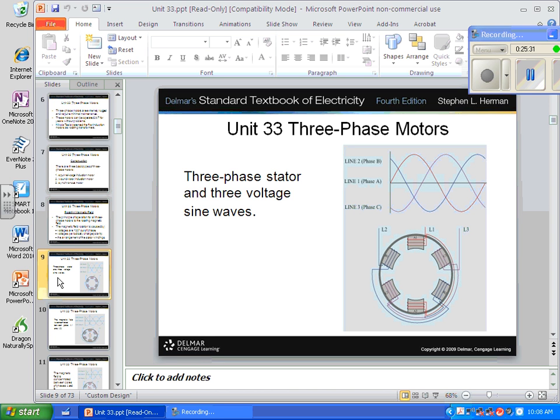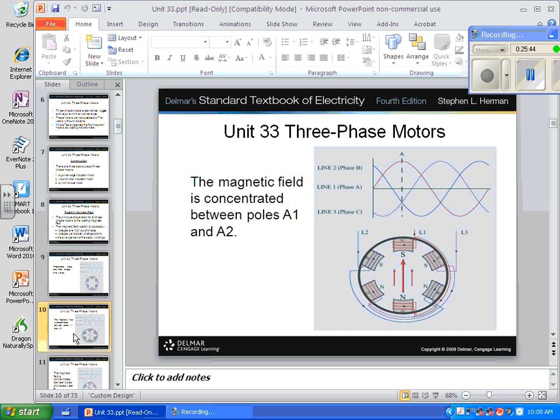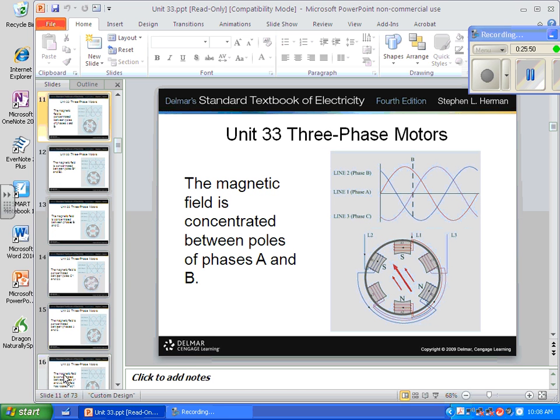We know that the power is being created at three different times during a rotation, and that they're 120 degrees apart. Magnetic field concentrated between poles A1 and A2. Magnetic field concentrated between poles of phase A and B.